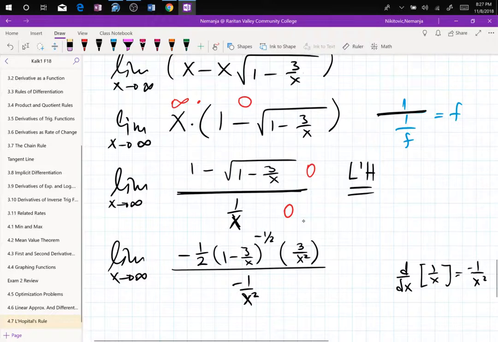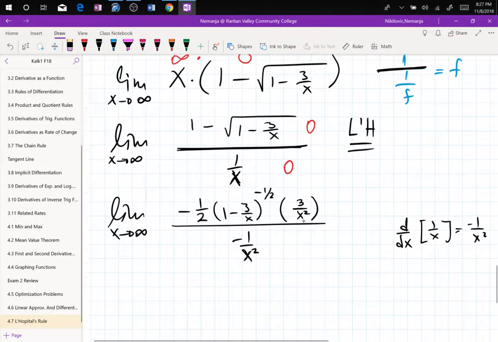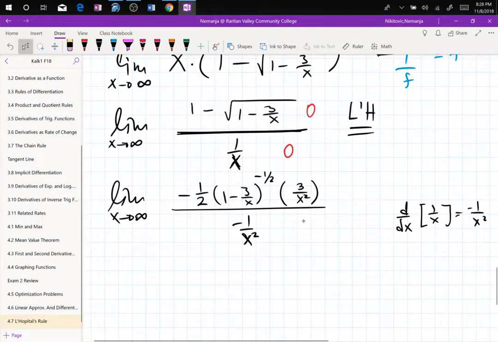So it's positive 3 over x squared. So these x squareds are going to drop. And when I plug in infinity, the entire parenthesis becomes 1. So 3/2.